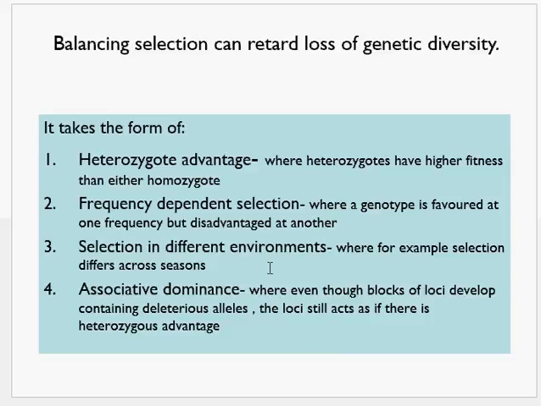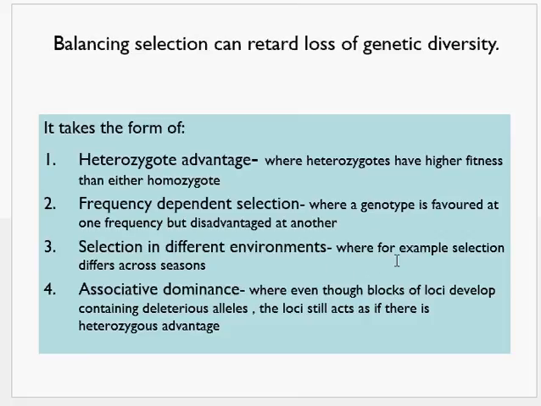So in that way, you would have almost different environments in the same population, which will allow one genotype to dominate one part of the year, and the other genotype to dominate the other part of the year. So over the course of the whole year, both genotypes can survive with one another.